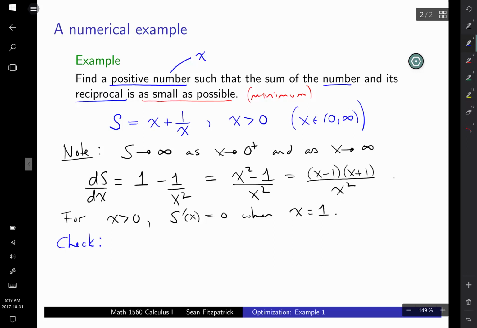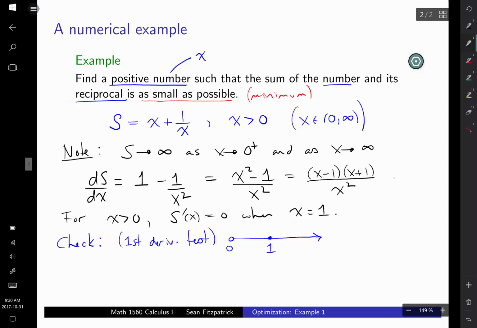And you've got two options if you're going to check this critical number to see if it's a min. One is the first derivative test. So if we do the first derivative test, then we draw our number line. But this time, right, our domain starts at 0. We just have this one critical number at 1.